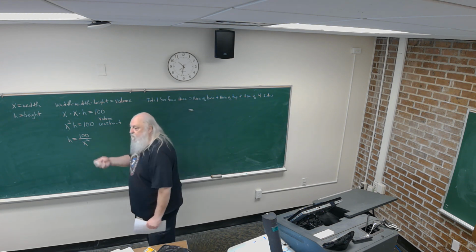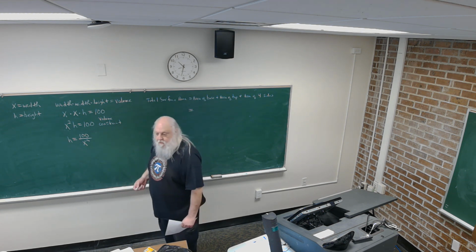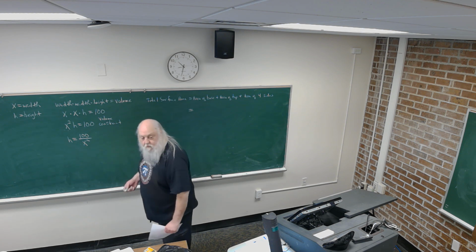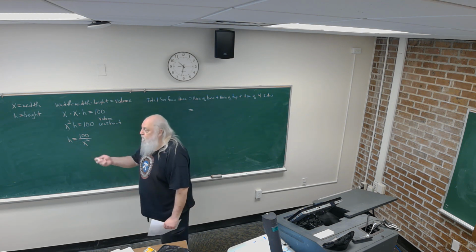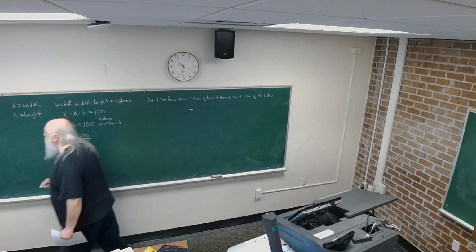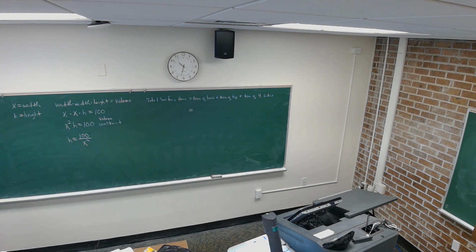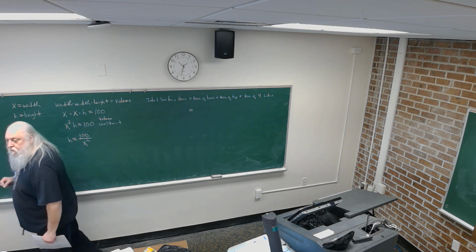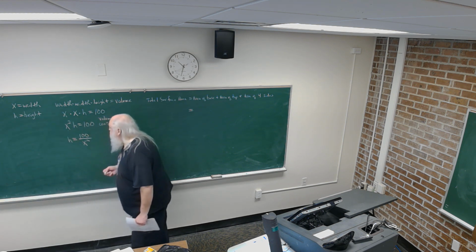Well, what's the area of the bottom of the box? X squared, right? The bottom of the box is X by X. So we have a square base, and I use base and bottom interchangeably. This is what the base, bottom, and the top of the box look like. They're square. The width is X inches.